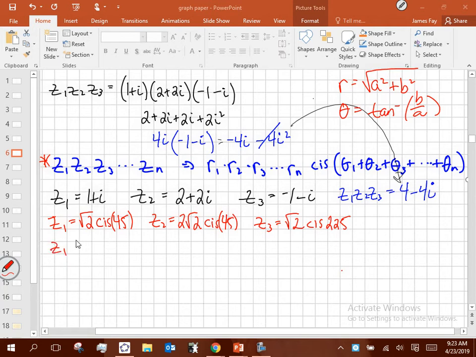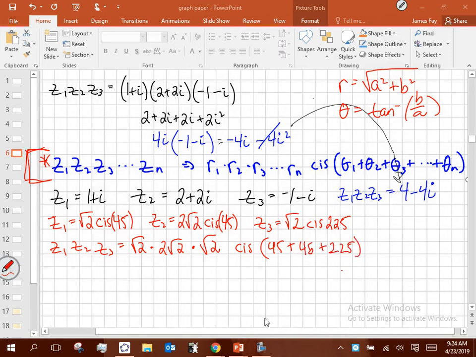So now when I want to go Z1, Z2, Z3, we're going to use this idea here. We take radius 1 times radius 2 times radius 3, and then cis of theta 1 plus theta 2 plus theta 3. Now multiplying that out, radical 2 times radical 2 is 2, right?